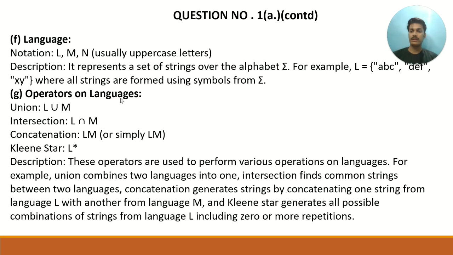Operators on language, such as union, intersection, concatenation. These operators are used to perform various operations on languages. For example, union combines two languages into one. Intersection finds the common strings between the two languages, and concatenation generates strings by concatenating one string from language L with another from language M.